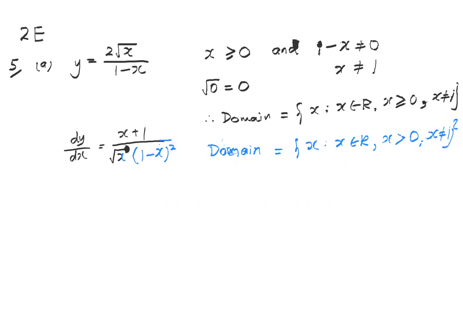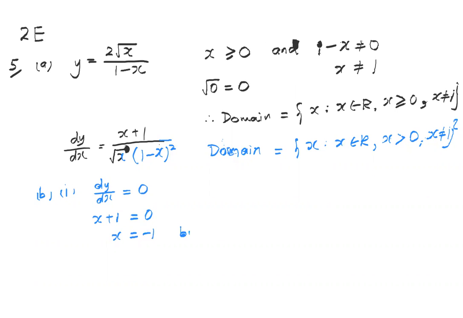Okay, so now I'm going to go to my part B. Find for what value of x dy/dx is equal to 0. Okay, so first part, dy over dx equal to 0. Right? So x plus 1 equals 0. Can I say like that? x equals negative 1.